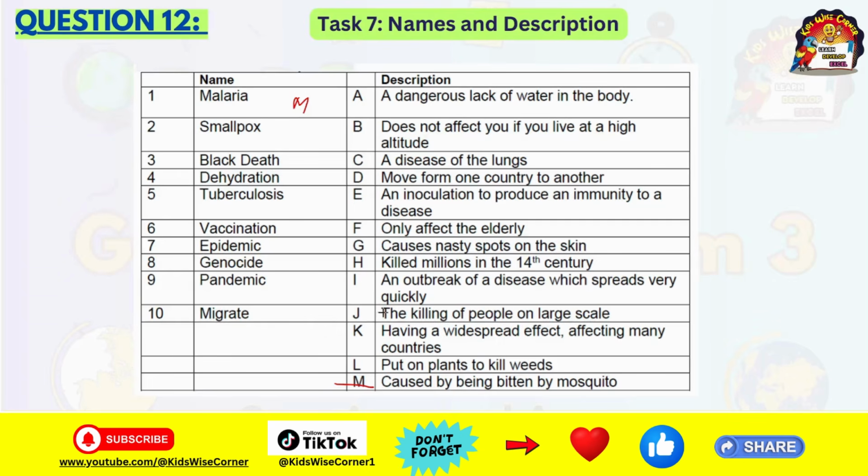So the one with spots on the skin is G, causes nasty spots on the skin. The next one is Black Death. Black Death killed millions in the 14th century. That is H.